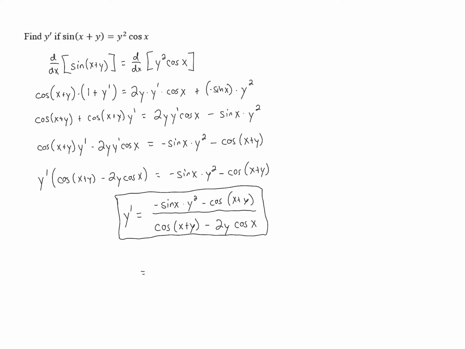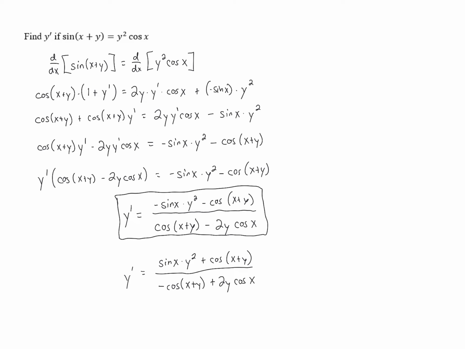And so an equivalent answer is going to be sine of x times y squared plus cosine of x plus y all over negative cosine of x plus y plus 2y cosine of x. And of course, we could switch the order of any of the terms in the numerator or denominator. We don't need to write it both ways.